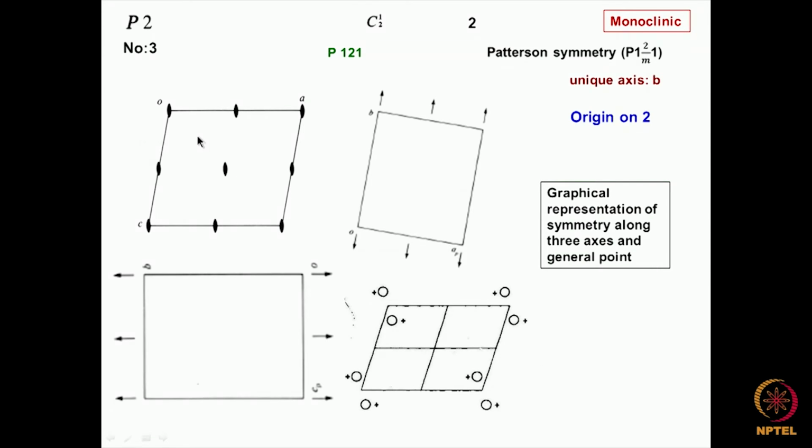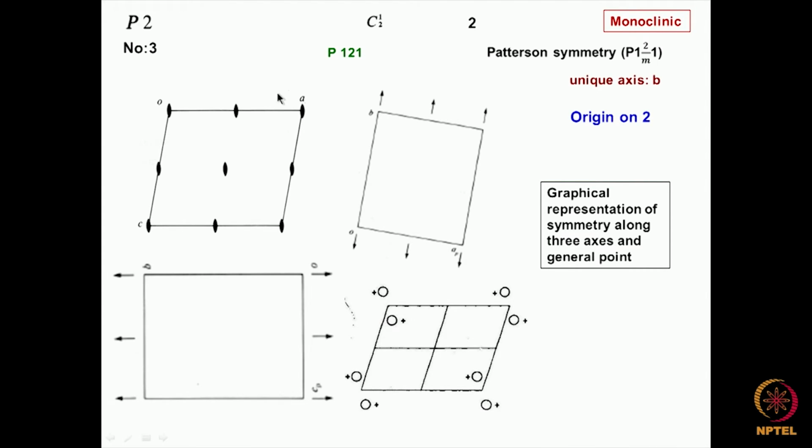Then next, the information being given is essentially the unit cell, and this is the unit cell in one projection, and in this projection, all the symmetry elements are shown. This is for a P2, which means that only one two-fold rotation is there, and the detailed symbol, if you look at it, P2 is P 1 2 1, that means that along the x axis there is one-fold rotation, two-fold is along the y axis, and one-fold along the z axis.